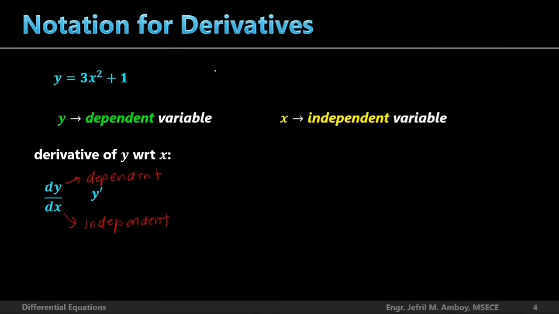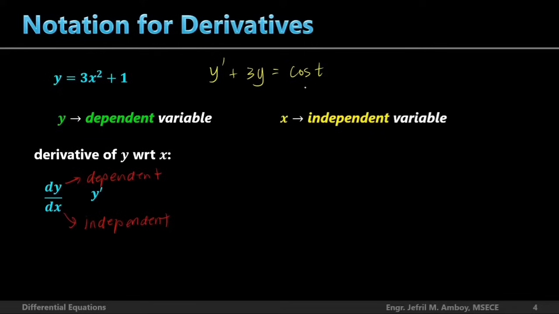Okay? However, if you are given a differential equation like this, y prime plus 3y equals, for example, cosine t. So, in this differential equation, we have the y prime notation.